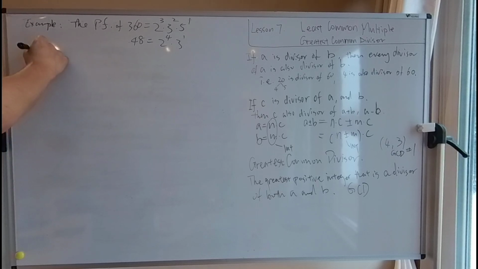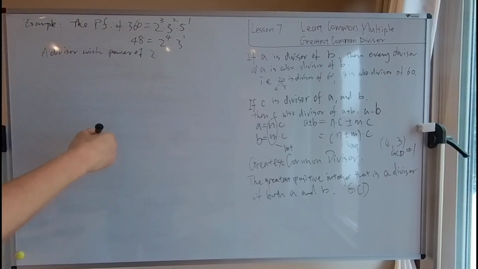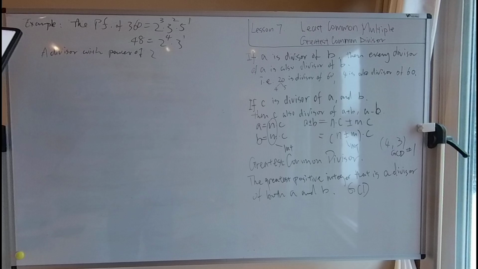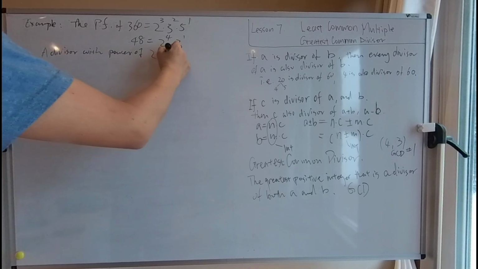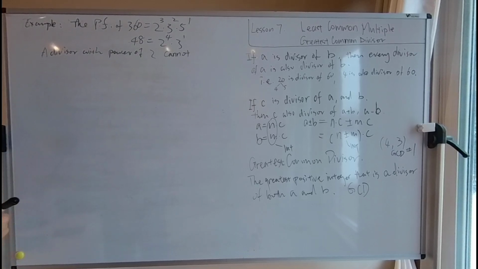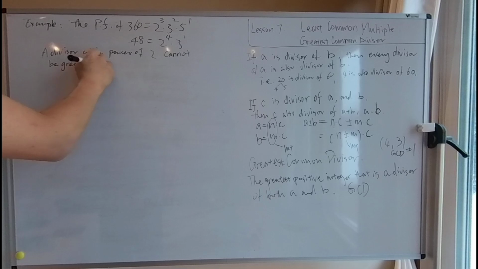So first of all, a divisor with a power of 2. Here, this means if there exists a divisor of both numbers, and if this divisor consists of at least a prime factor of 2, then the power of its prime factor of 2 cannot be greater than the known number.